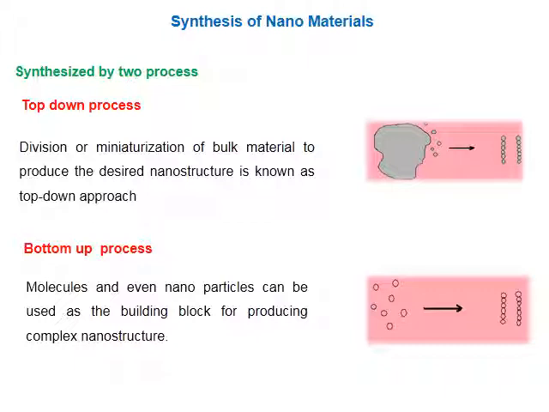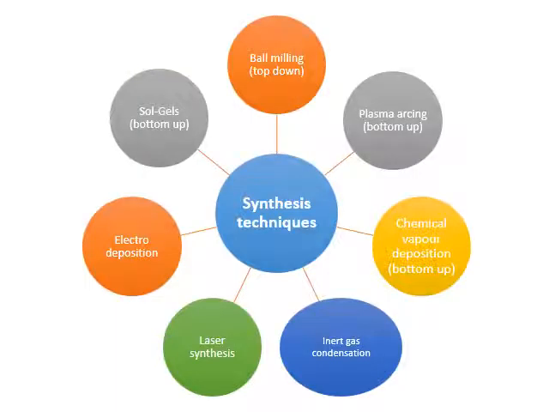Like that, by using small building blocks of nanoparticles or molecules together, you will end up with a desired structure which is bigger than the unit ones. It is like a scaling up process where you are producing a bigger structure from much smaller units. So these are the two types of approaches we are using to produce nanomaterials in the current scenario.